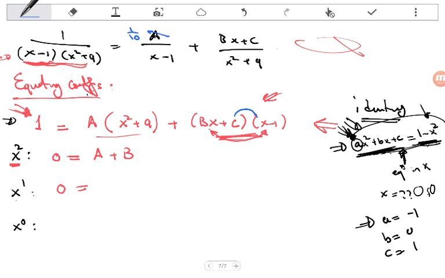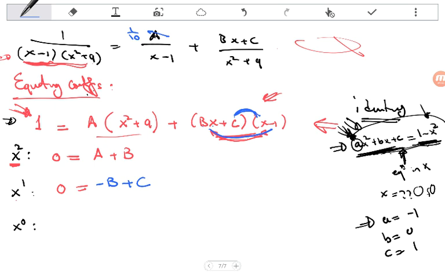I can multiply bx by -1. So these two terms will give me an x power 1 term. I have bx multiplied by -1, which will give me -b, and another term c multiplied by x, which gives plus c. So this is the second equation.